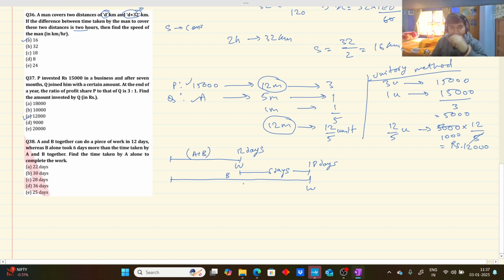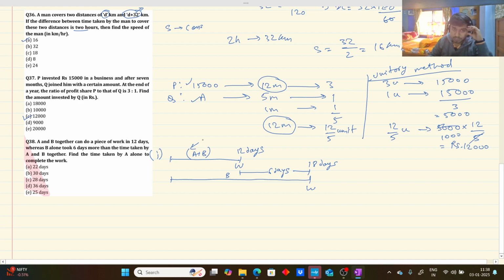So if you see A's and B's efficiency, if we try to compare in the first scenario, when A and B are both working together, because A was working with B, B's alone time got reduced from 18 days to 12 days. That means what was A's contribution?